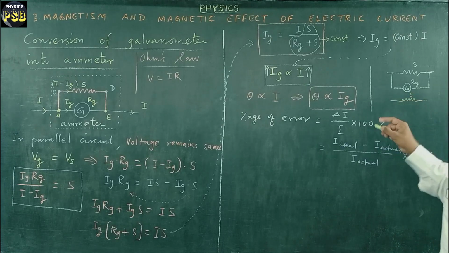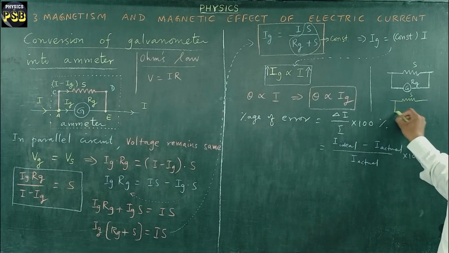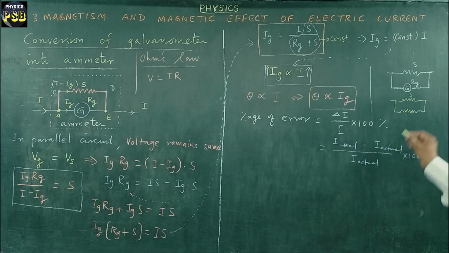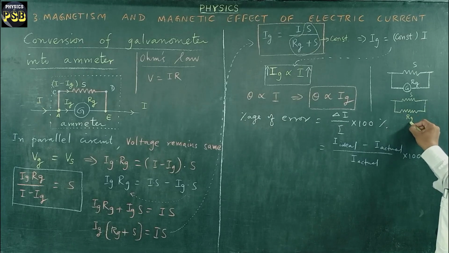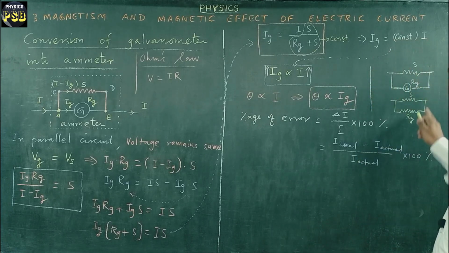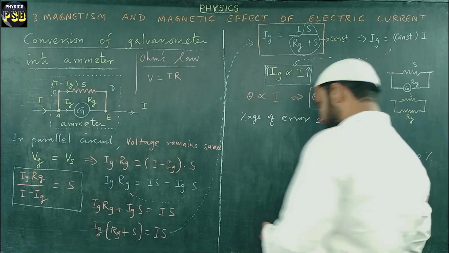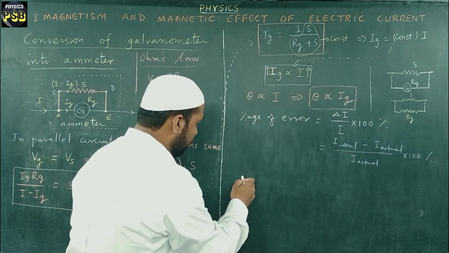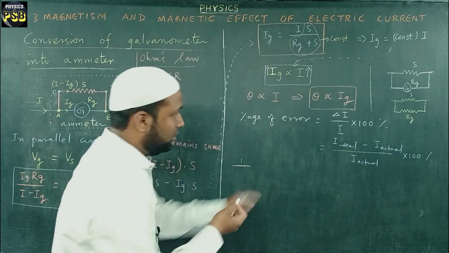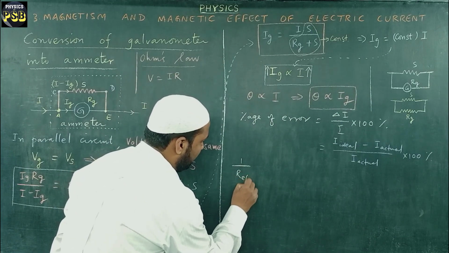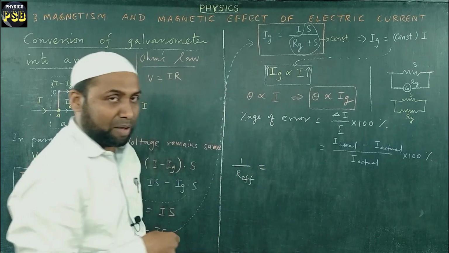This can be drawn in this manner. I keep this as such. In the place of G, I take another resistance. This value is taken as Rg. If it is so, the total resistance offered by this circuit, which acts as ammeter, is given as effective resistance. So, when resistors are taken in parallel combination, we get the total resistance in this manner.